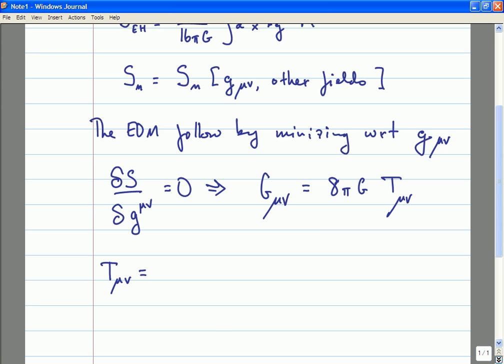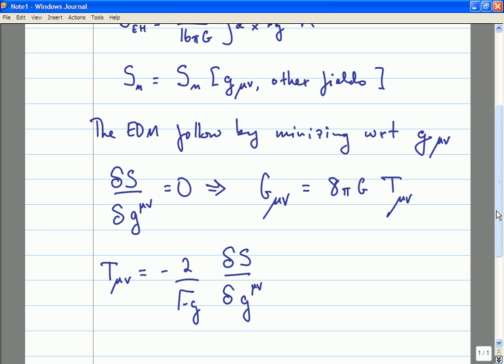So T mu nu is a constant over the square root of the determinant of the metric times the variation of the action with respect to the metric. So at this point, you could now go ahead and write down the stress tensor for your favorite theory of physics.